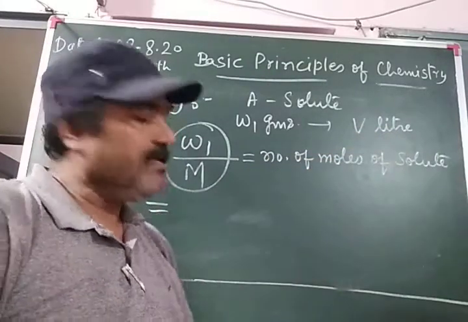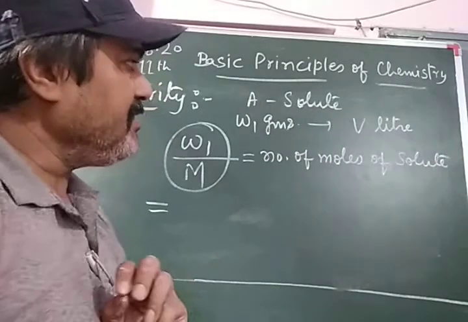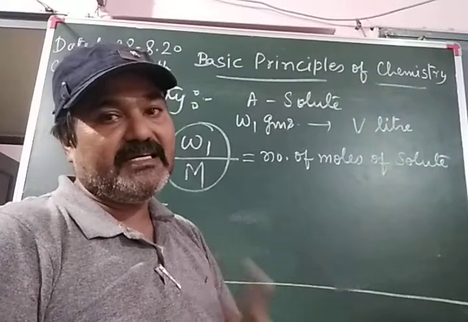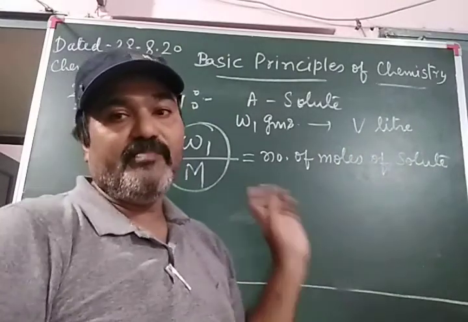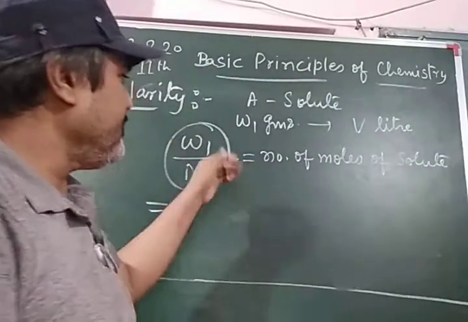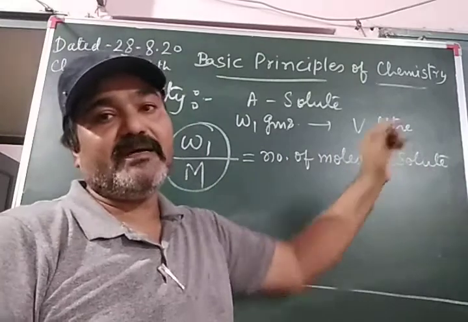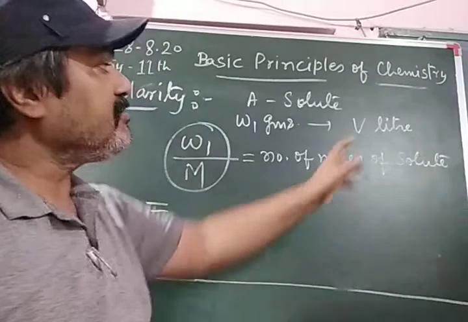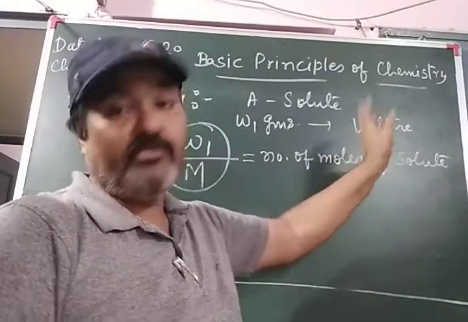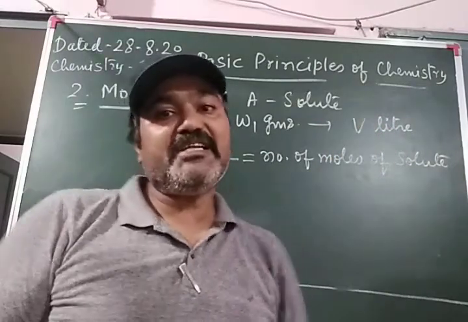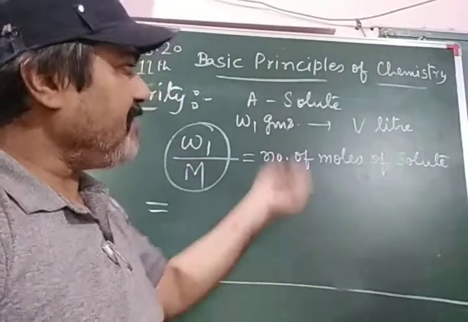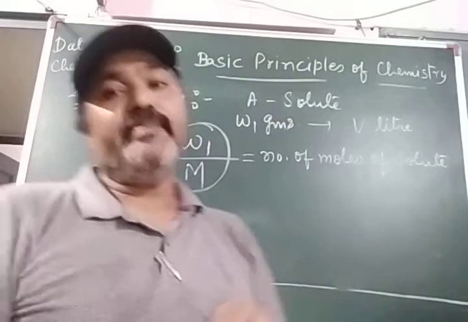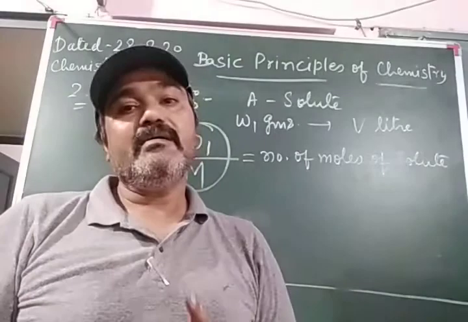Here one thing is to be kept in mind. If the volume of the solution is taken in liters, then the number of moles will be simply divided by the volume of the solution. But if the volume of the solution is taken in milliliters, then it is divided by the volume multiplied by 1000. This will be the value of the molarity of the solution.